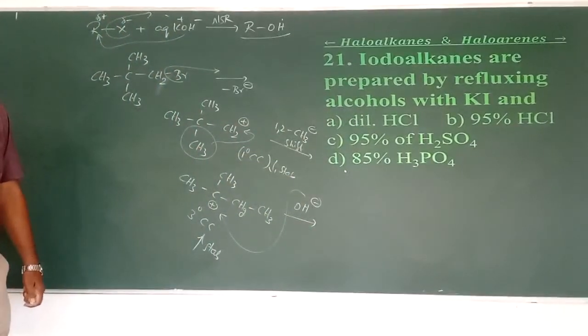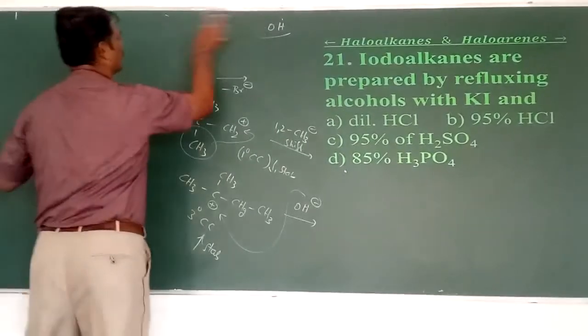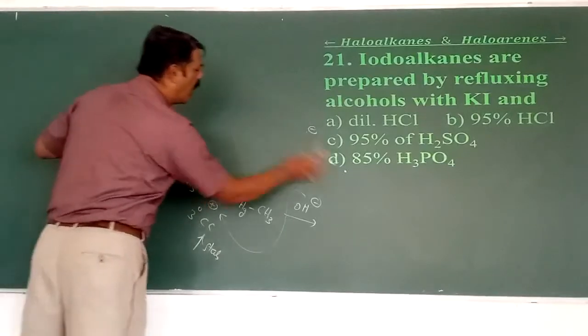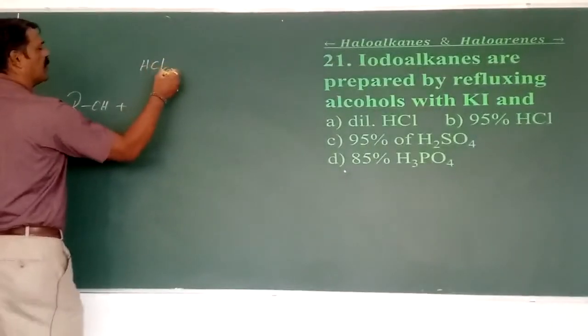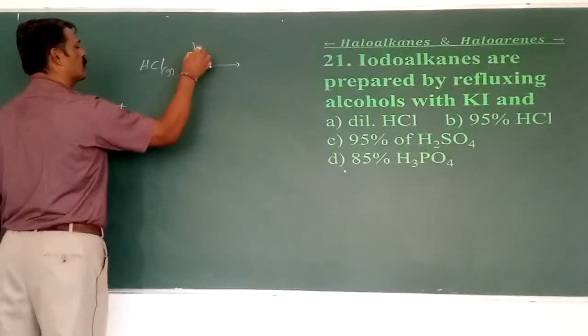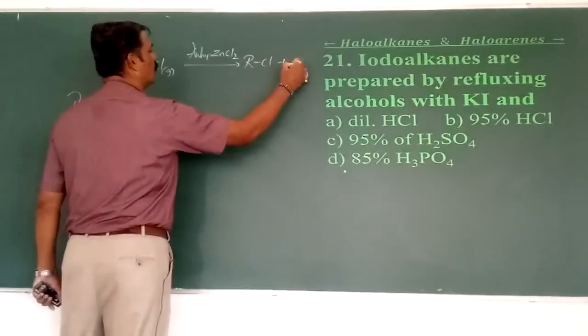Next one: haloalkanes are prepared by refluxing alcohols with KI and... It's the preparation. ROH, what is that? Alcohols. If it is HCl gas in the presence of anhydrous zinc chloride, we get RCl plus H2O, a direct reaction.